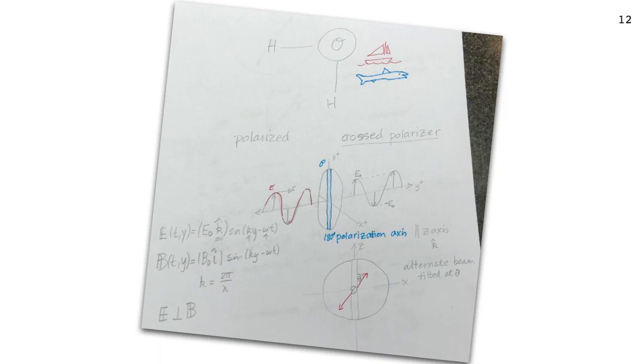Now, what I want to point out to you is this, that the intensity is proportional to the square of the electric field. All right. So the intensity after polarization passing is equal to E squared times the cosine squared, or E0 squared, times the cosine squared of theta.